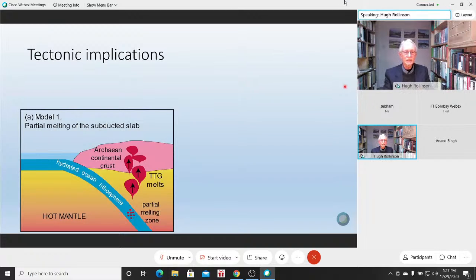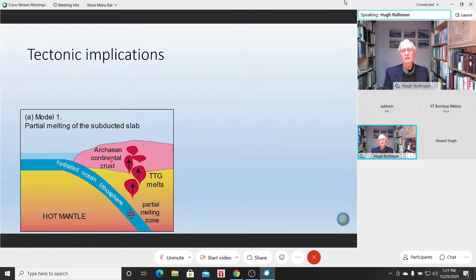Remember, in the Archean, the Earth was much hotter, so the mantle was hotter, and so if we had subduction, it's very likely that instead of the subducting slab being dehydrated, it actually melted. And so we have here a melting zone related to the subducted slab in the mantle, from which TTG melts are created and Archean continental crust is formed.